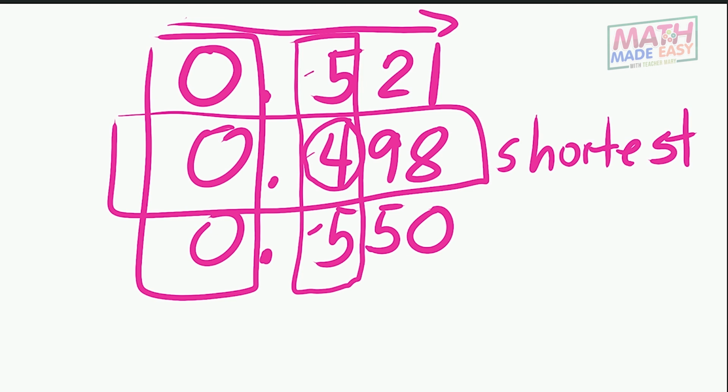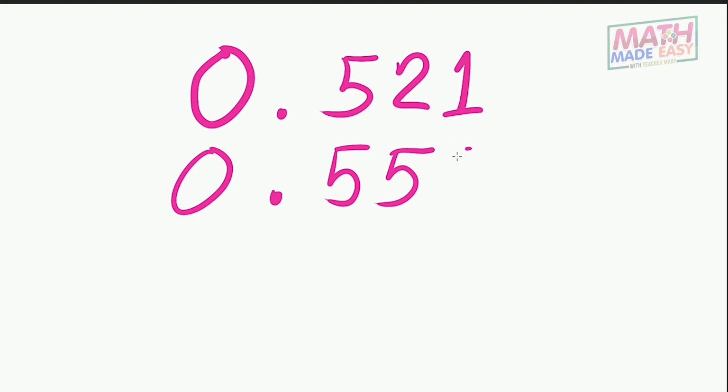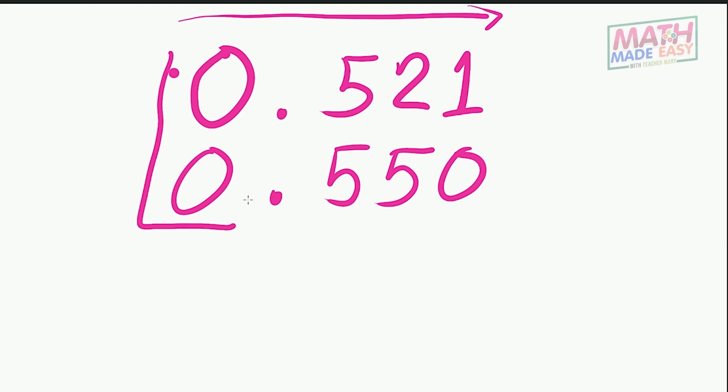Now, we have 2 remaining numbers. So again, we will write the remaining numbers lining up the decimal points. Start at the left. Compare. We have the same whole number.